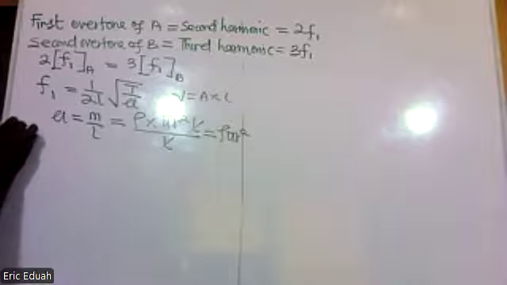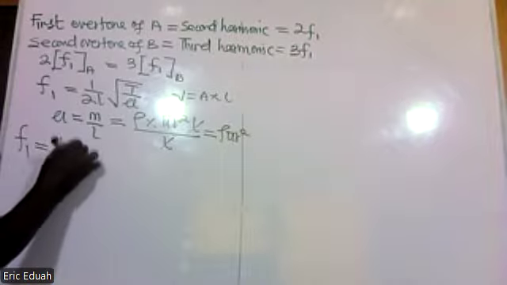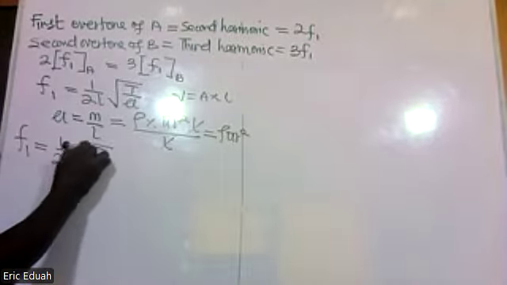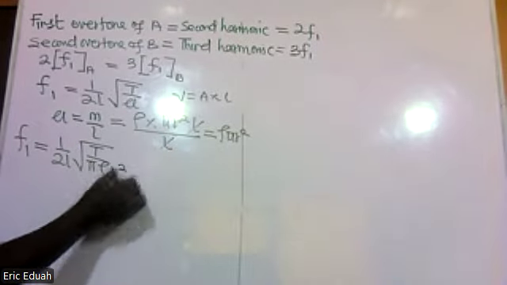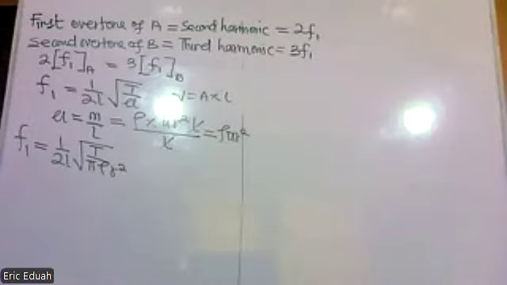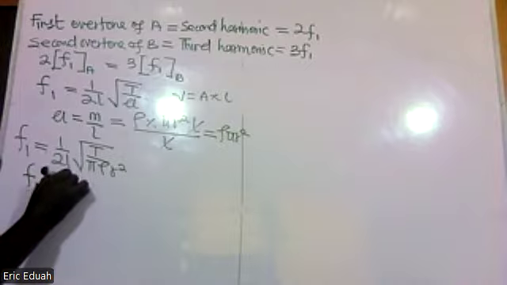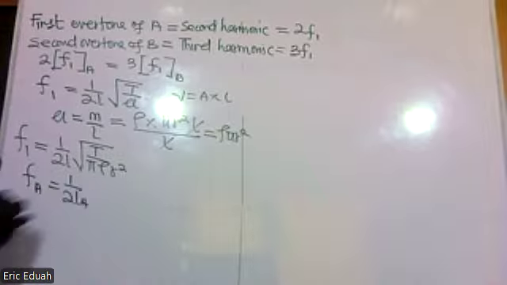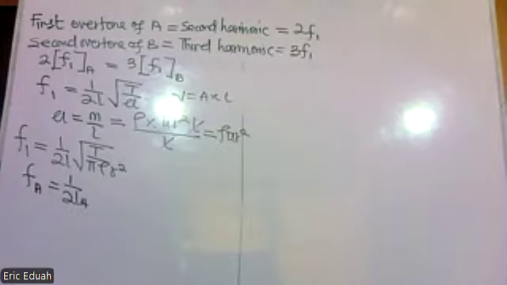So F1 would be equal to 1 over 2L times the square root of T on pi rho r squared. That is how the harmonic will be changed to. So F1 of A will be equal to 1 over 2LA, times, you see, I can even ignore all the constants.